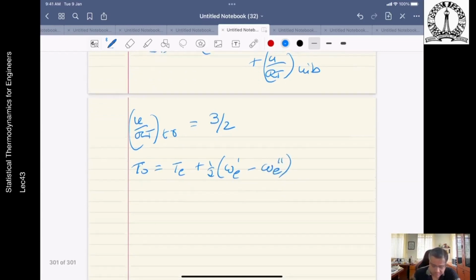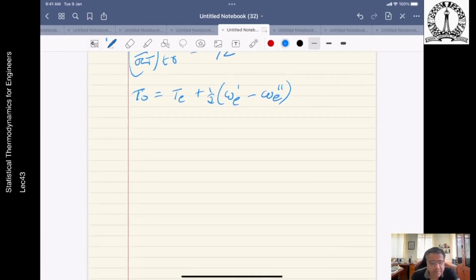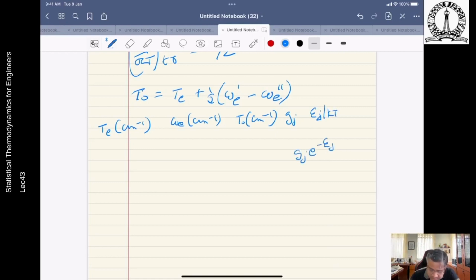If we now look at a sample table: Te in centimeter inverse, omega e in centimeter inverse, T naught in centimeter inverse, gJ, then eJ by kT, then gJ into eJ by kT, and then gJ into eJ by kT into exponential eJ by kT.